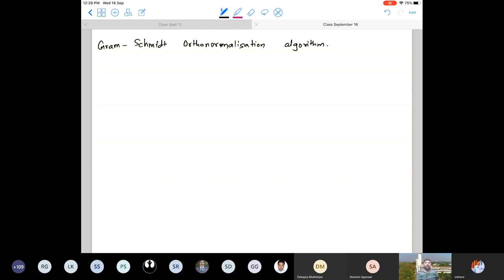So what does this Gram-Schmidt orthonormalization algorithm really do? What have we seen so far? Consider x1 up to xk in Rn. I'll not write Rn all the time; I'm just saying that I am looking at the vector space Rn.